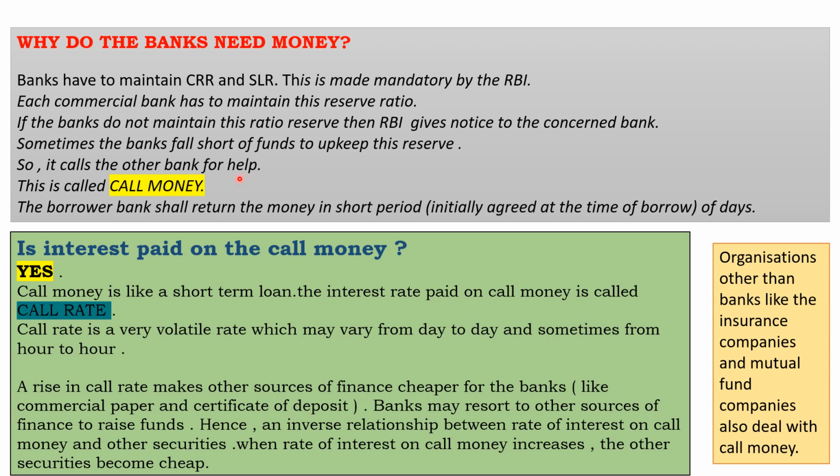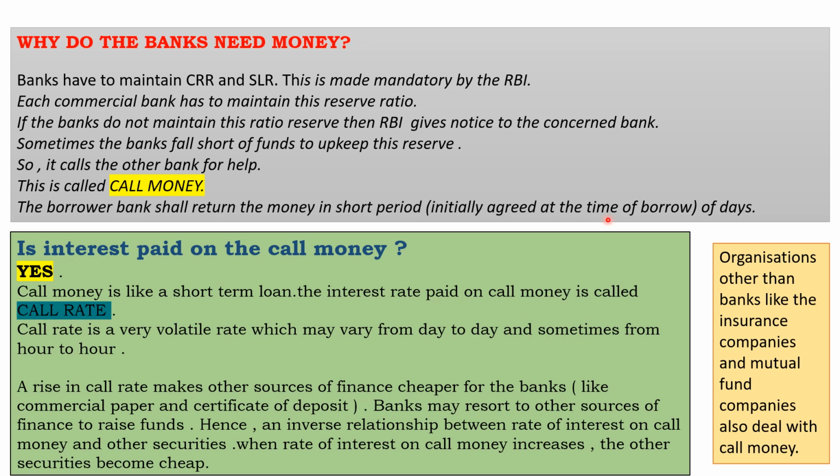They call other banks for help and this is what is called the call money. The borrower bank shall return the money in the short period initially agreed at the time of borrowing, of the day. So when the borrower bank asks for money, he generally specifies that within this stipulated 1 day or 2 days, I will return your money back. So the borrower bank very efficiently, very honestly returns the money back.